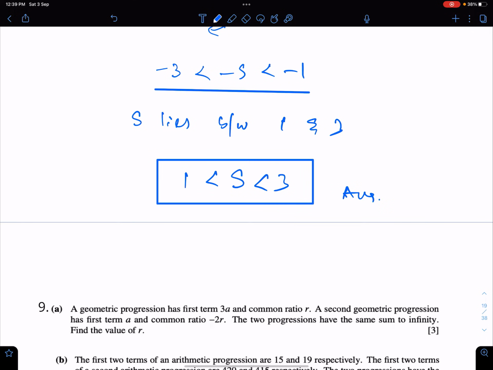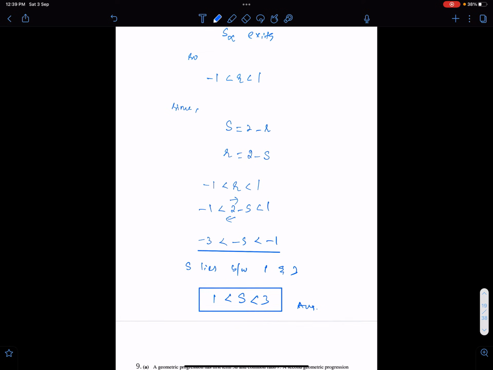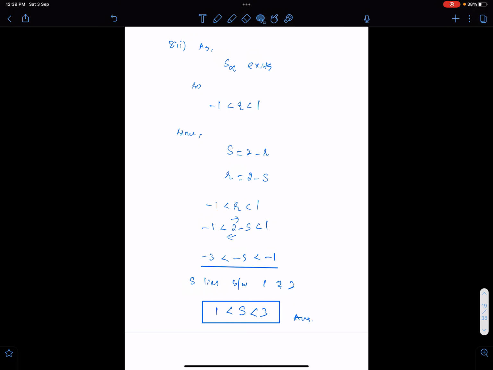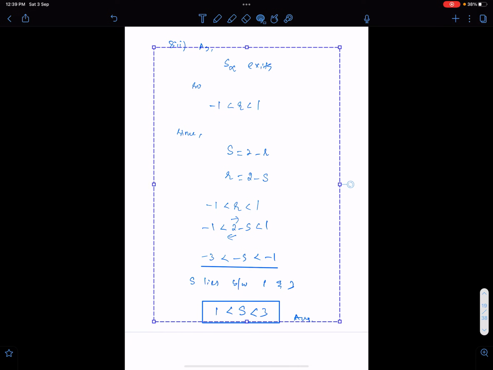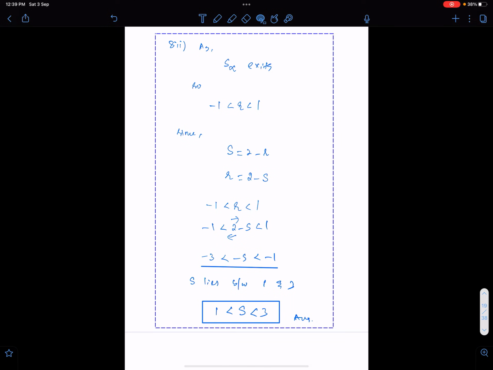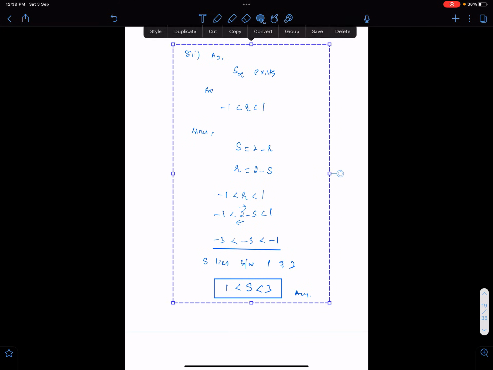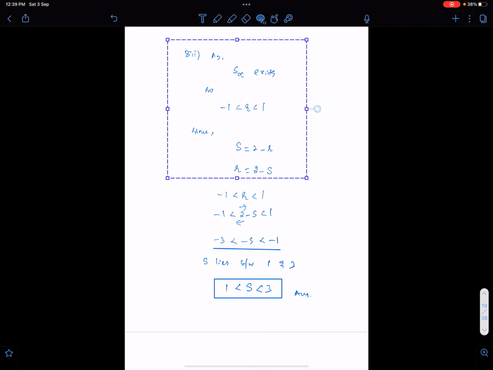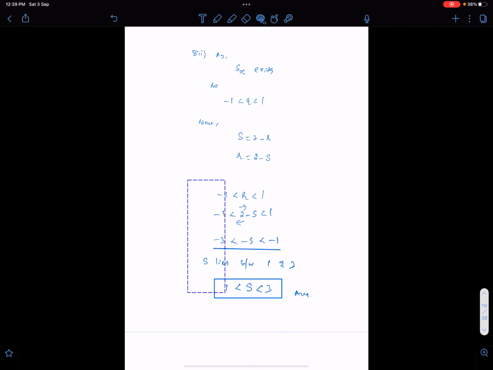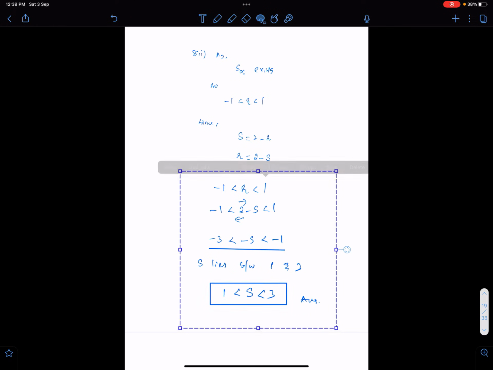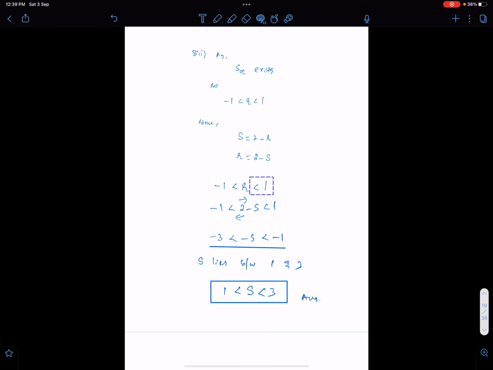This is the required range of values of S. In this question, the most important thing is the range of values of r. And for the sum to infinity, r lies between minus 1 and 1. This is important.